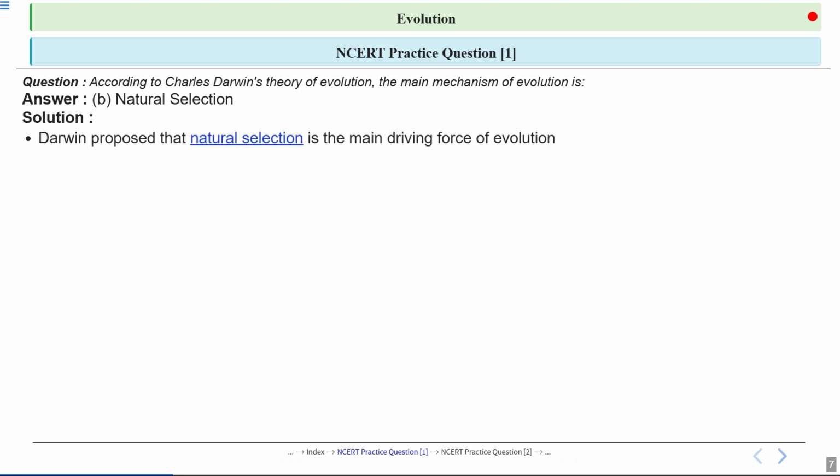Let's have a look at the explanation. Darwin proposed that natural selection is the main driving force of evolution. This means that nature selects which traits are favorable for survival and reproduction. It works through survival of the fittest.